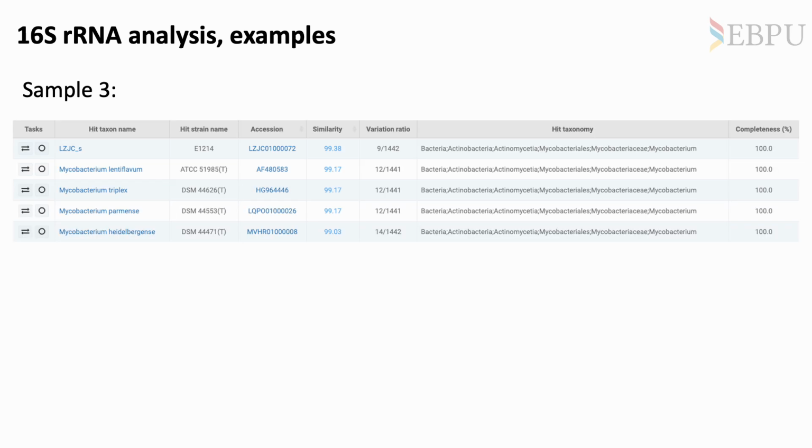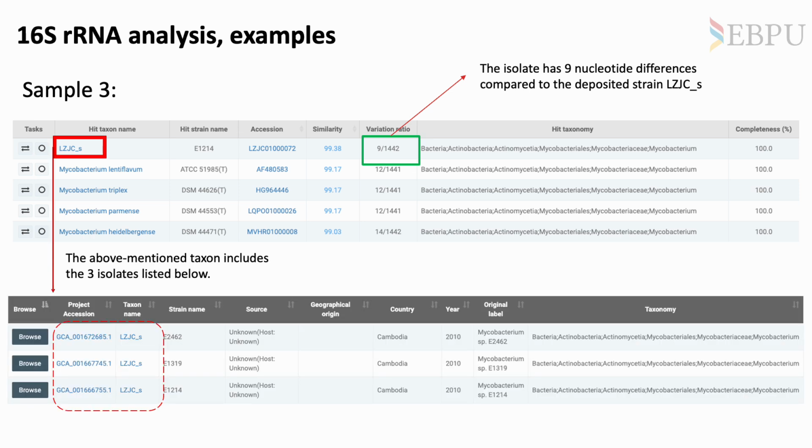In sample 3, the isolate shows the closest match to the provisional strain labeled LZJC with 99.38% similarity and 9 nucleotide differences out of 1,442 bases.